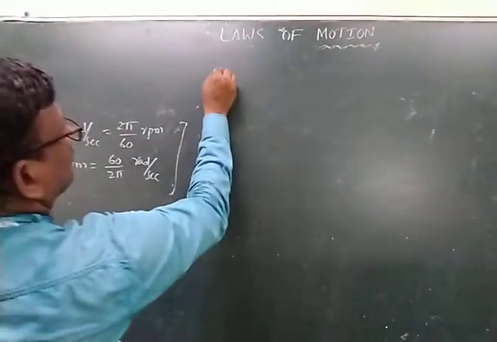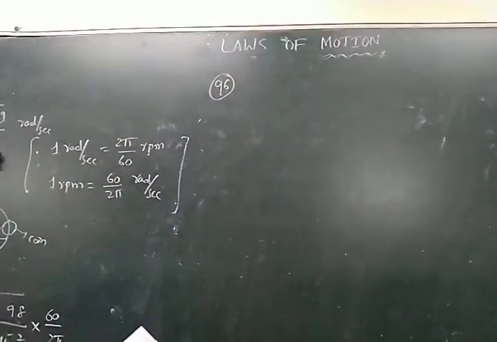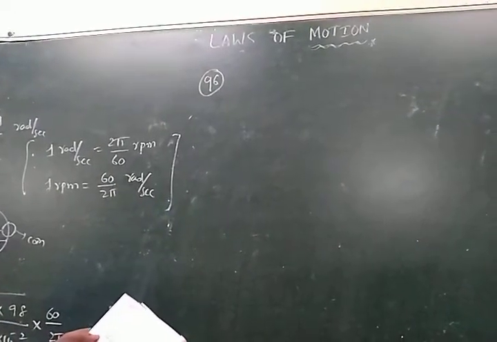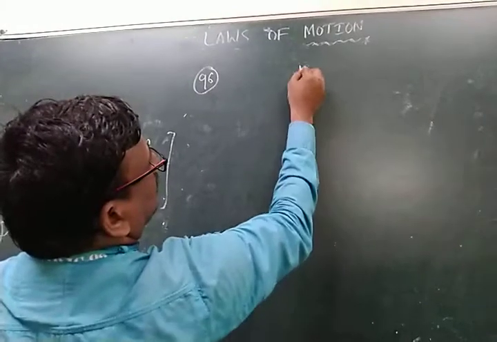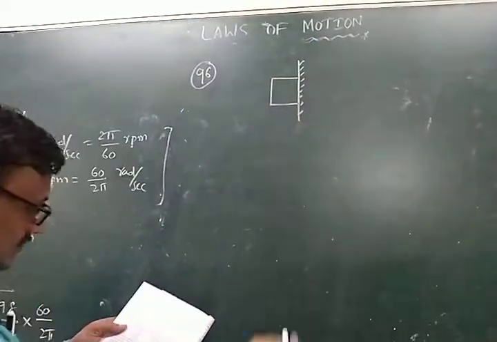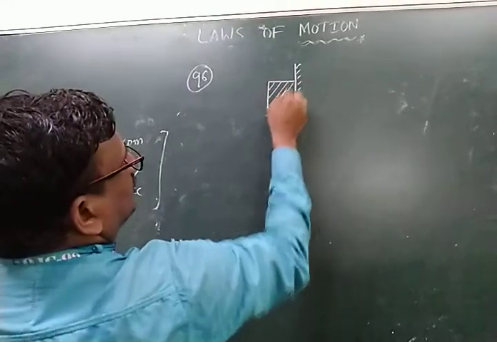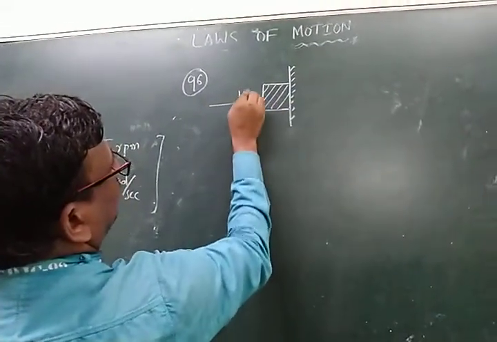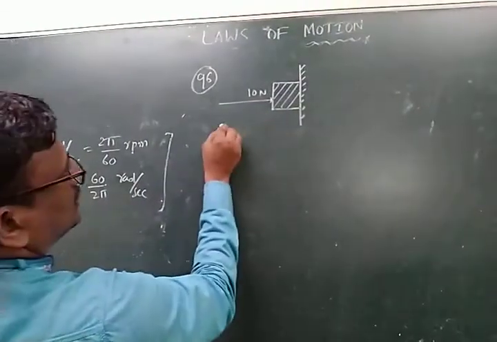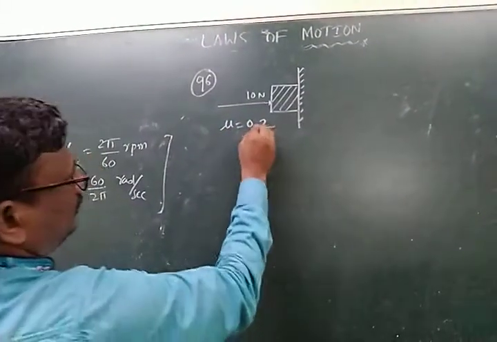Next, question number 96. A horizontal force of 10 newtons is necessary just to hold the block. This is the wall and this is the block, and the block is held by a force of 10 newtons applied against it. The coefficient of friction is given as mu is equal to 0.2.